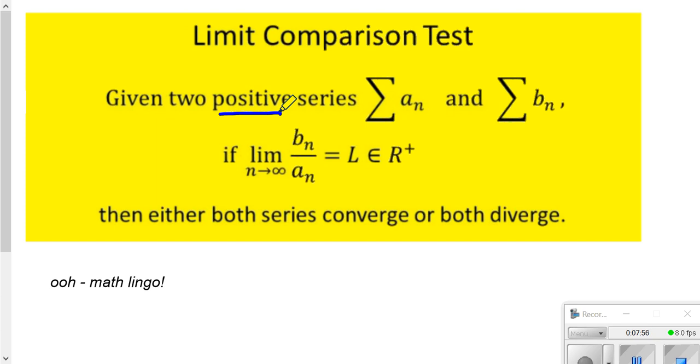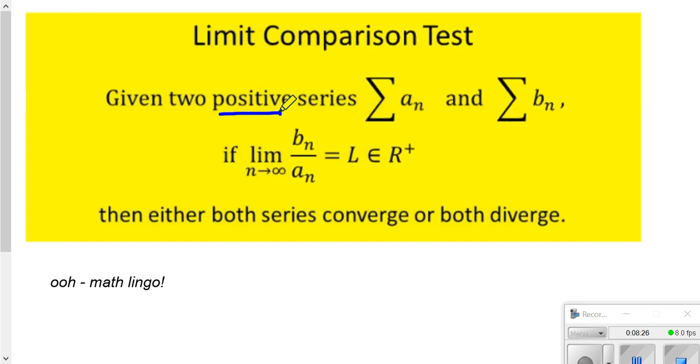The one that I know is most likely going to be something that I would think about with a P series, because as I mentioned to you at the end of the integral test video, P series are super easy to just discern, right? You just have to say, am I in the case of being less than one or more than one? Which case am I in, right? With one being the tipping point. Harmonic series, divergent, okay?